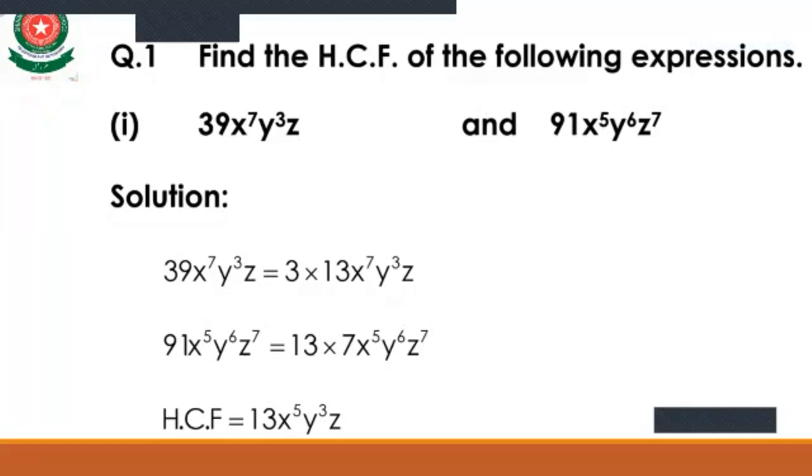In y, y^3 is common, because the smaller power of y is y cube. Here y^3 is common, and the smallest power of z is 1, so z is common. Our highest common factor of this expression will be 13x^5 y^3 z. Hope you understand this.